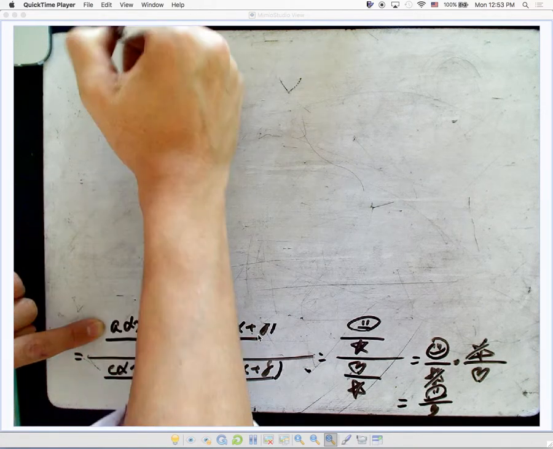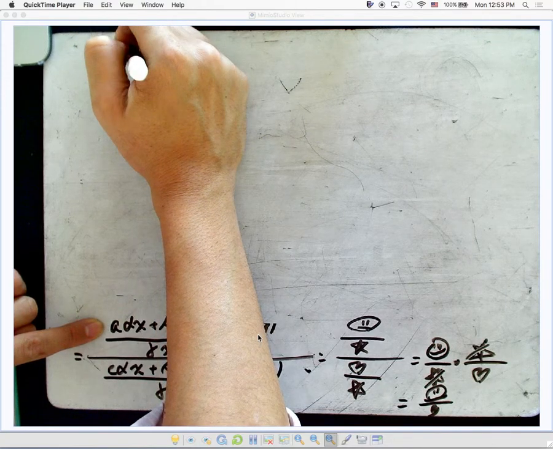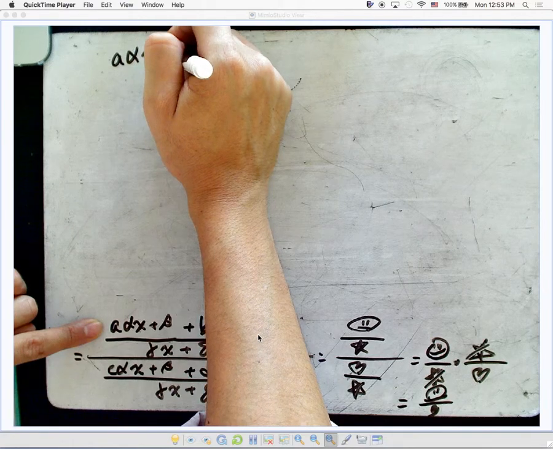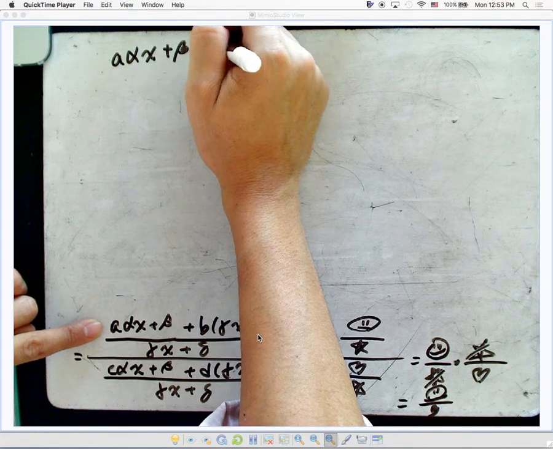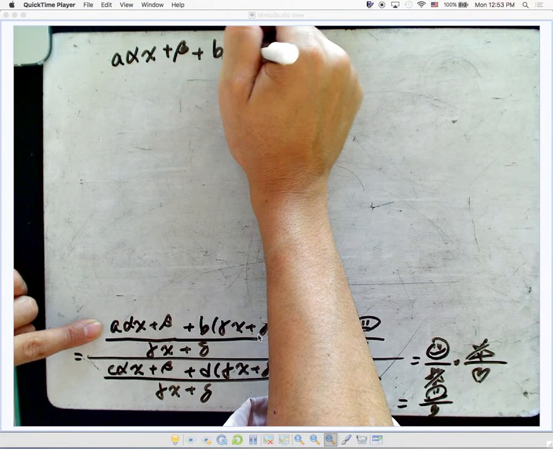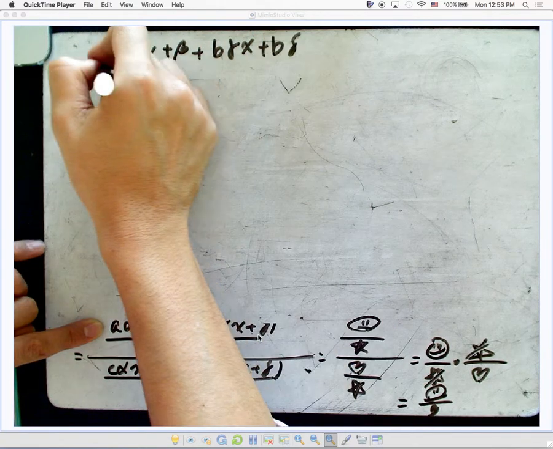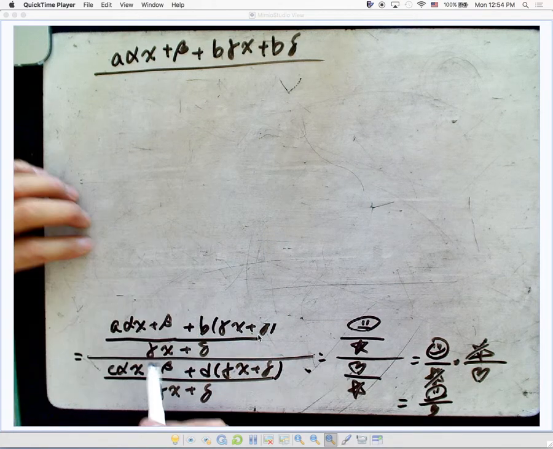So we have a times alpha x plus beta plus b times gamma x plus delta. We distribute this b, right? We ignore these guys.